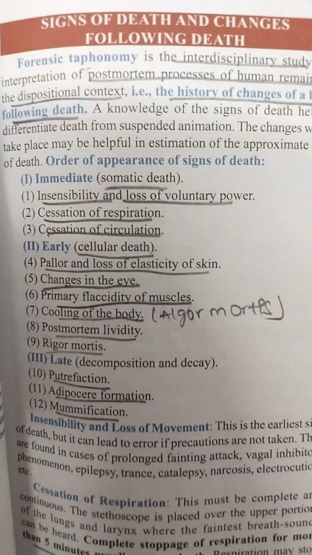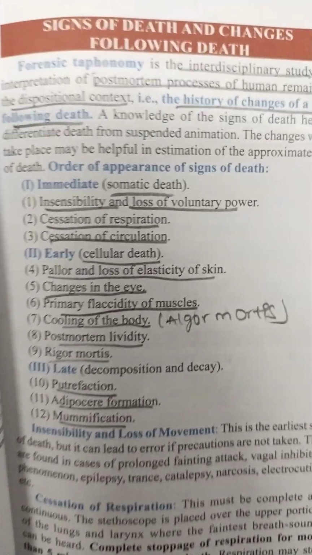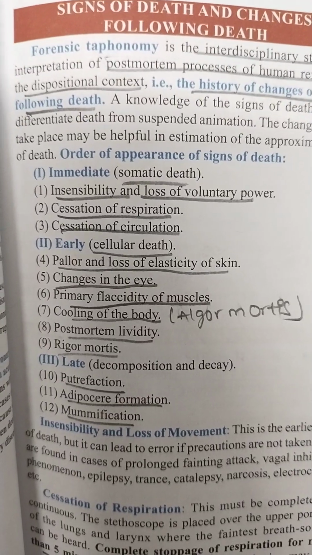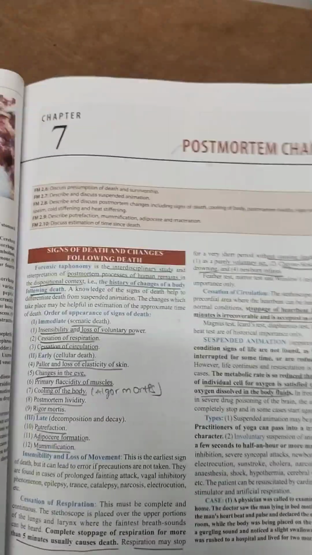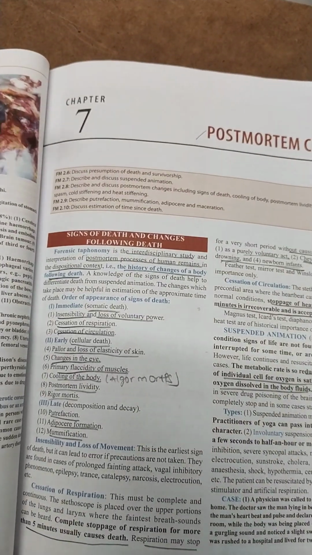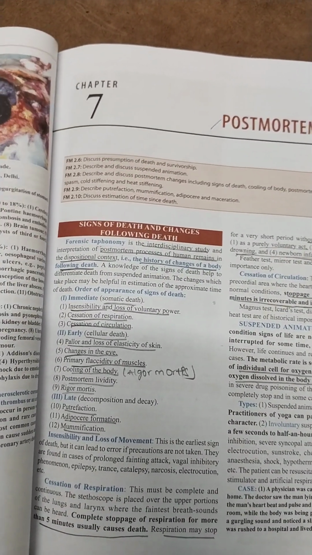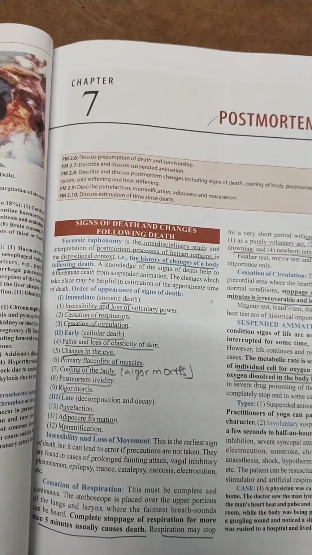Okay. Cessation of respiration. Some people who are in meditation or yoga will voluntarily stop their respiration, but it should not be considered as death. To check cessation of respiration, the stethoscope should be placed over the upper portions of the lungs and larynx, where the faintest breath sounds can be heard.